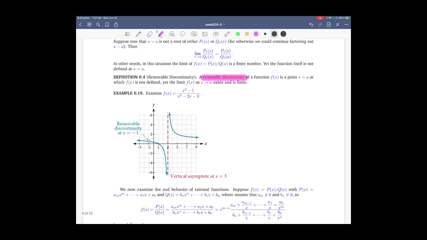Let us look at this function f, which is x squared minus 1 over x squared minus 2x minus 3.